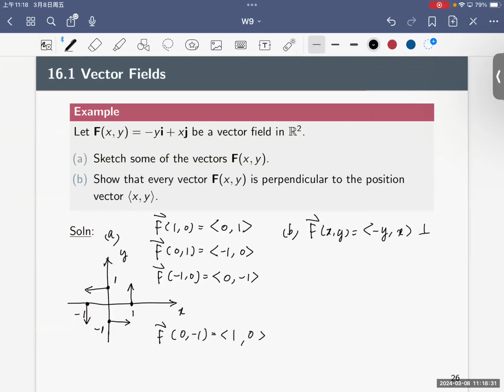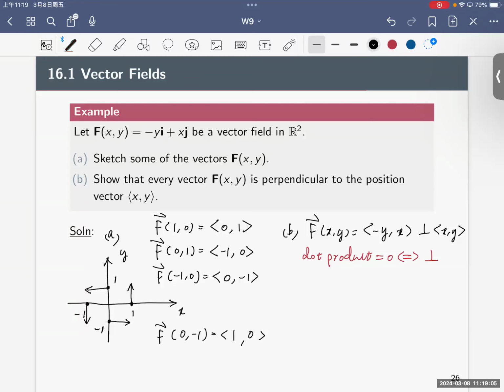To show that it is perpendicular to the position vector x, y, how do I show 2 vectors are perpendicular to each other? I use the dot product. If the dot product of 2 vectors is equal to 0, that means the 2 vectors are perpendicular to each other.